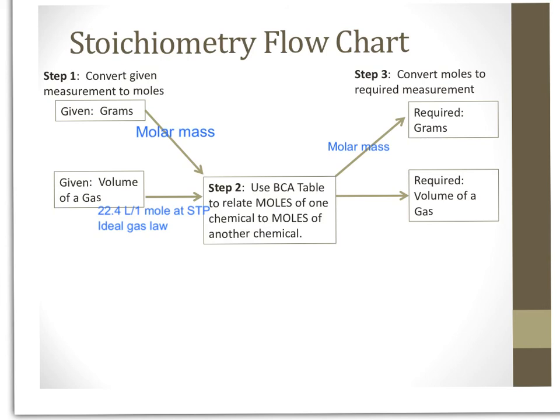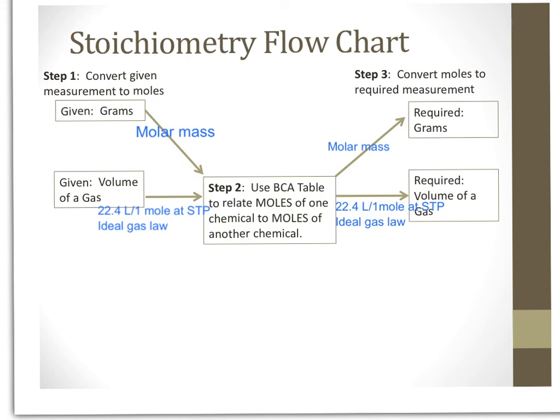Or the problem might ask for the volume of a gas, in which case you're going to use either the molar volume, 22.4 liters for every 1 mole, which works at STP, or for any temperature and pressure conditions, you can use the ideal gas law to relate moles of a gas to volume of a gas.